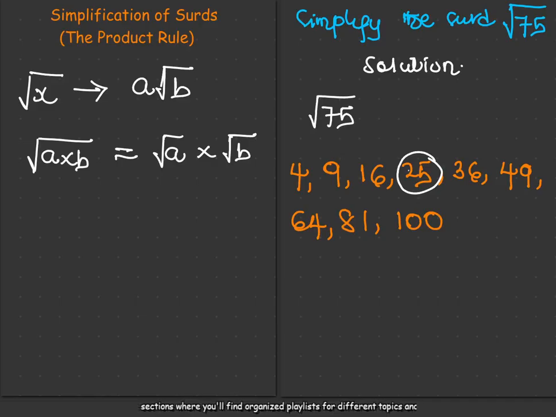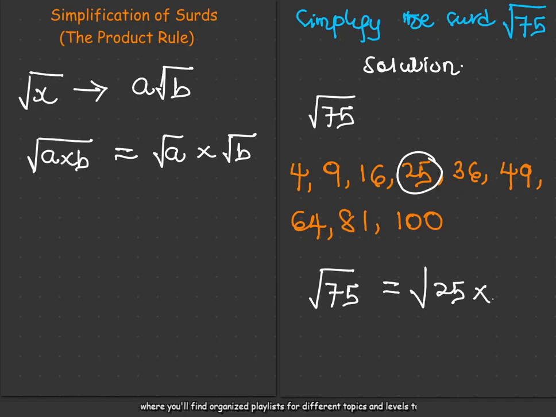After you have identified that, you rewrite your surd. So 75, you are going to rewrite it as the square root of 25 times 3, because 25 times 3 gives us 75. You see? So you write it this way.